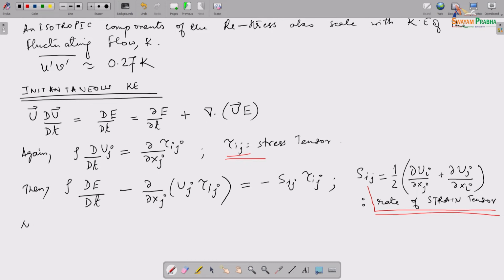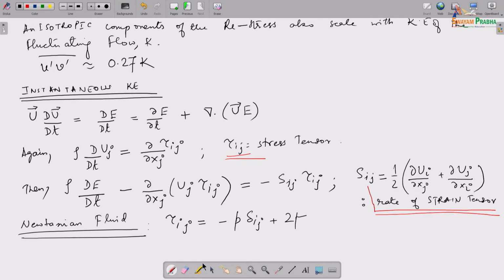And for a Newtonian fluid, the stress is equal to, right.